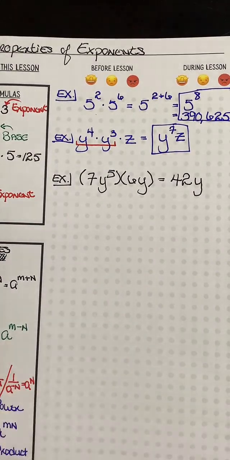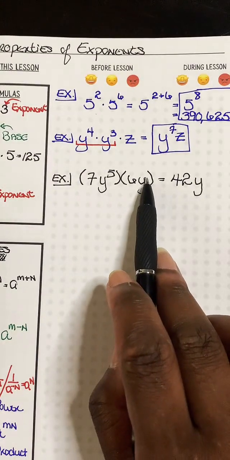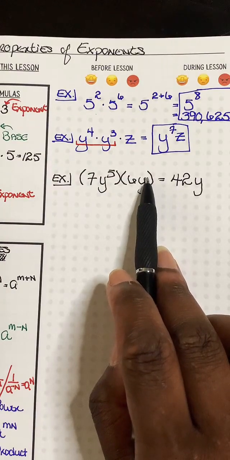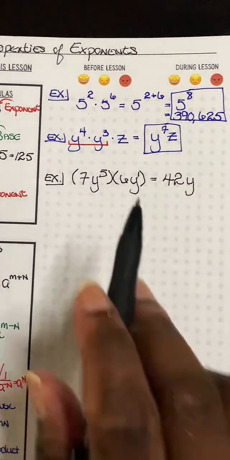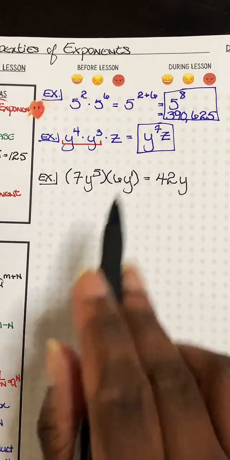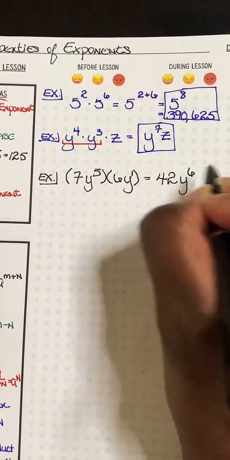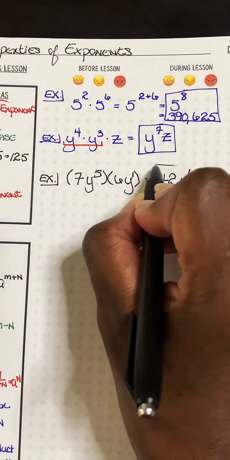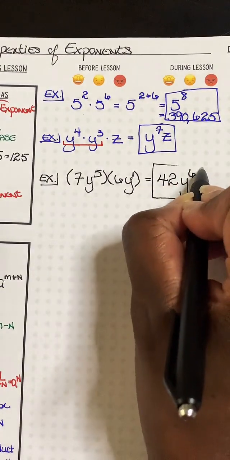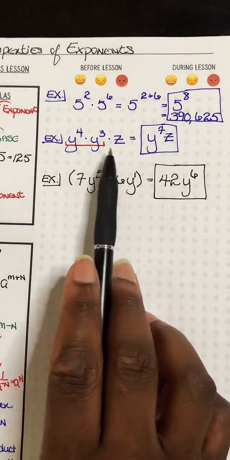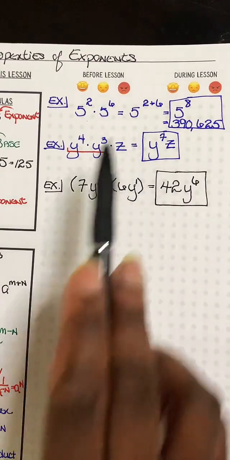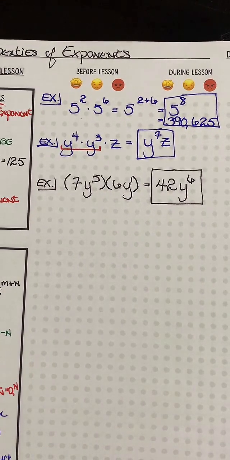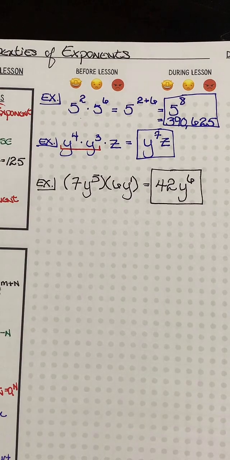But a lot of you forgot that when you don't see an exponent, it's assumed to be a 1. So this is actually going to be 5 plus 1, which gives me 42y to the 6th power. If there's not a number in front of the variable, it's a 1. If we don't see an exponent, it's a 1. Not a 0, a 1. Okay, got it? Awesome.